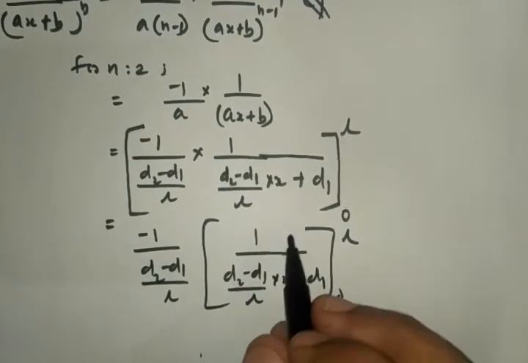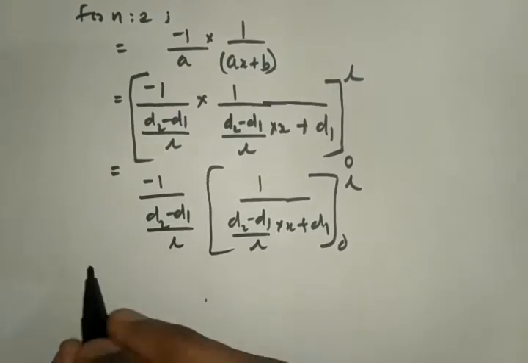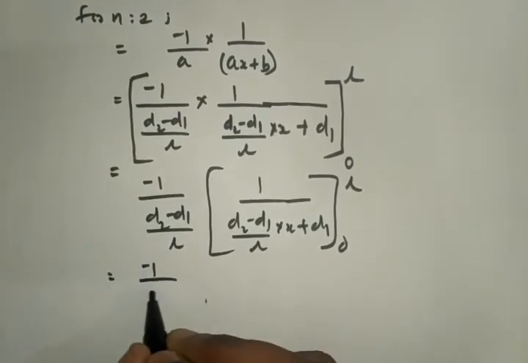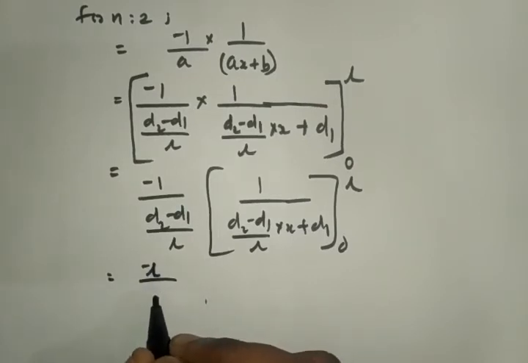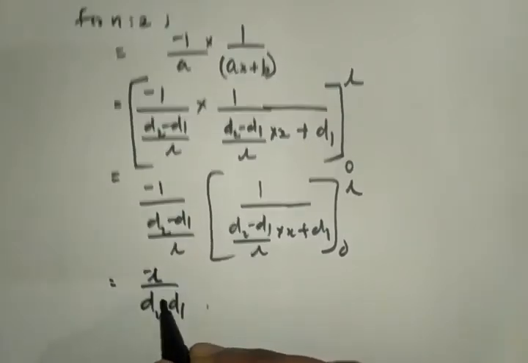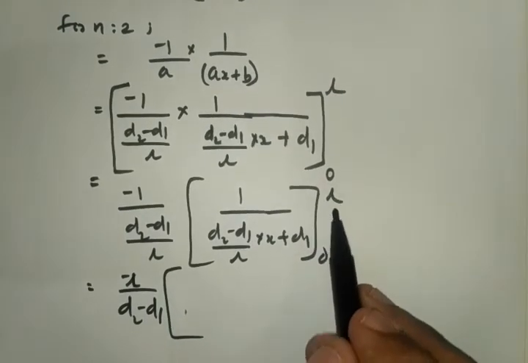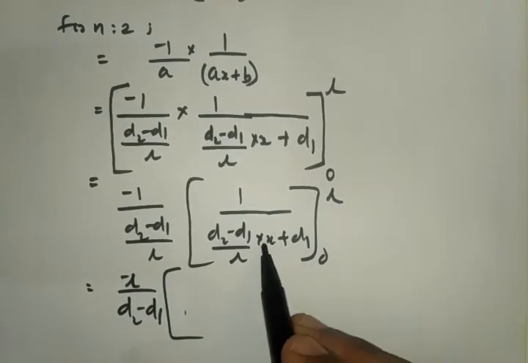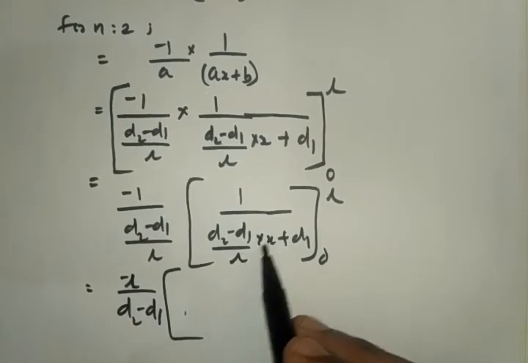When you apply the lower and upper limit, you will get minus l divided by d2 minus d1 into, first apply the upper limit l.